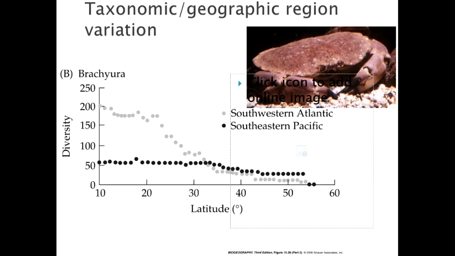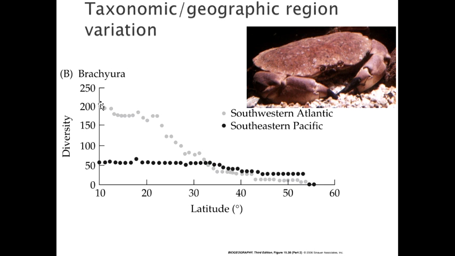You could also consider different taxa by region. So brachyurans are a particular species of crab. There's a picture of one right here. And if you look at their diversity trends by ocean, in the Atlantic, you see a nice latitudinal diversity gradient.